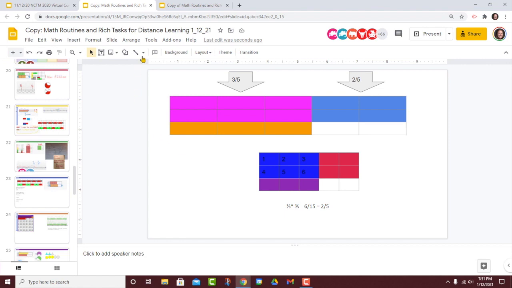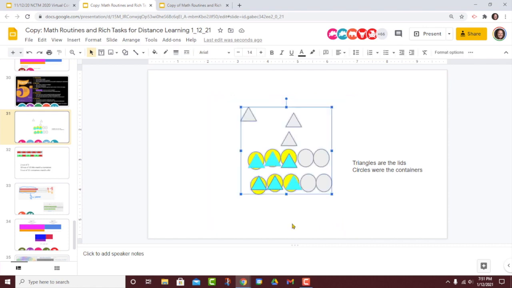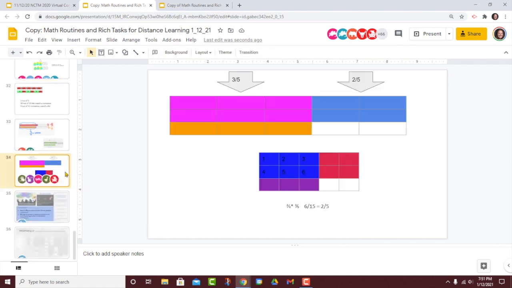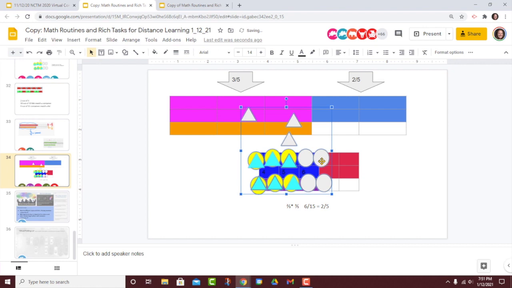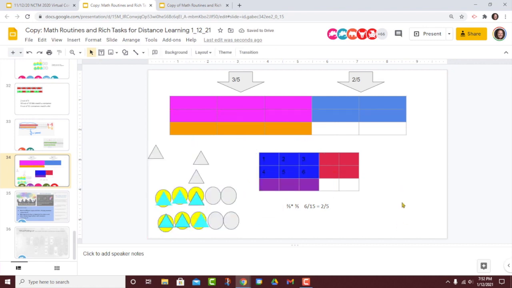Yeah. So let's kind of break apart what this is and bring it together with our other model. Our other model, when we talked about triangles and circles, looked like that. The pink looks like our yellow circles and blue triangles, and then the blue looks like those empty circles.